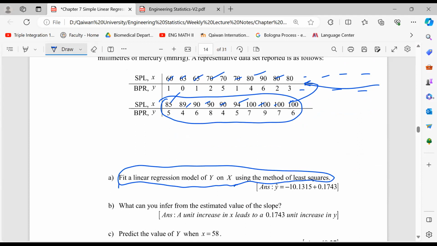We say y hat is alpha hat plus beta hat x. We need to find beta hat and alpha hat and plug them into this equation. You get the equation, and you'll have answered the first part.